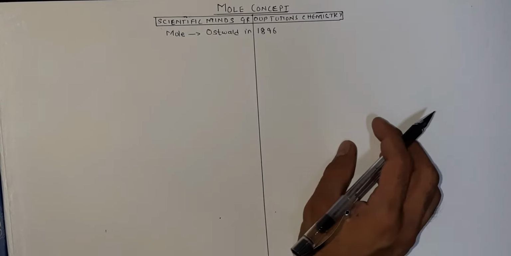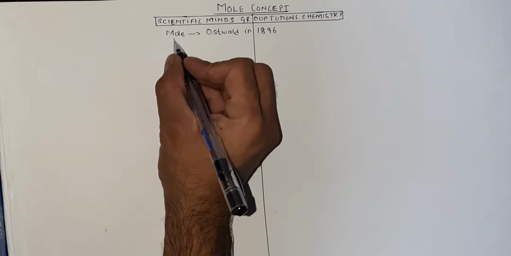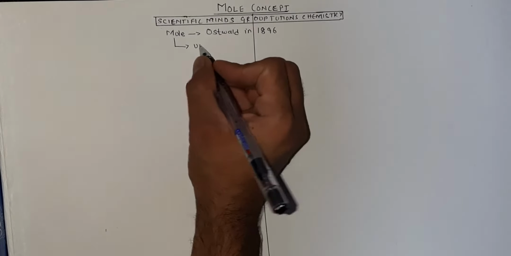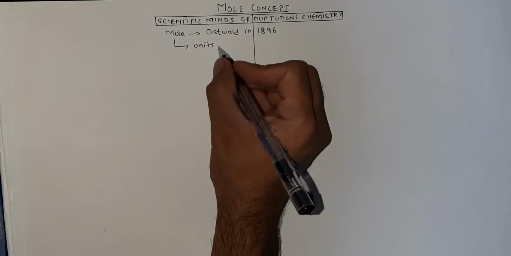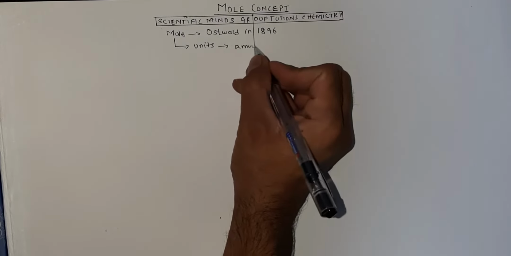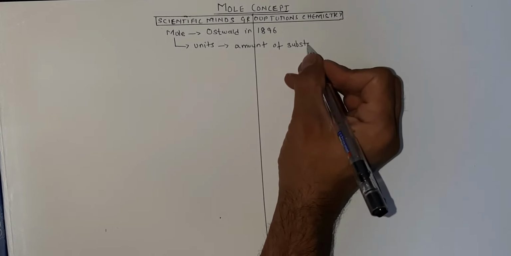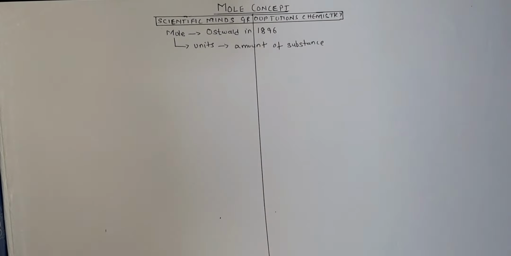In 1967 the International Union of Chemistry introduced mole as one of the basic units for measurement of amount of matter, that is amount of substance in chemical reactions.